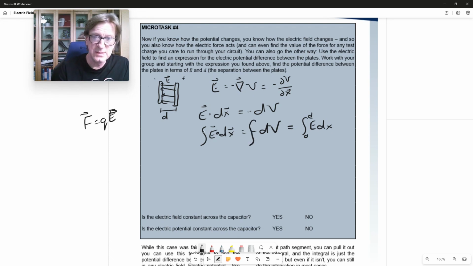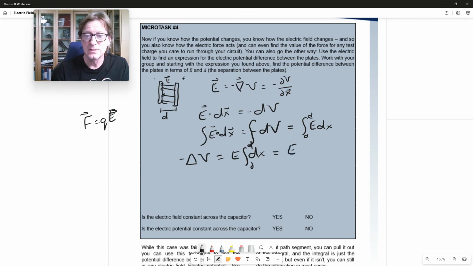And so this tells me that my potential difference is going to be equal to E integral dx from 0 to d. Well, the integral of dx is just x, and so this gives me E times d.